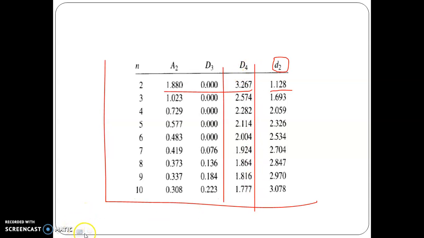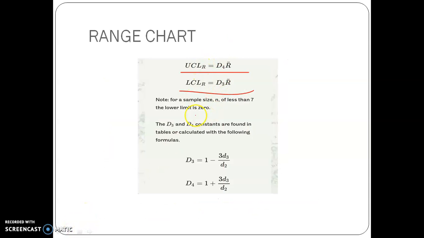Okay. Now the alternative formula for these, for upper control limit in case of range chart or R chart, becomes R bar [1 + 3 small d3 divided by small d2].